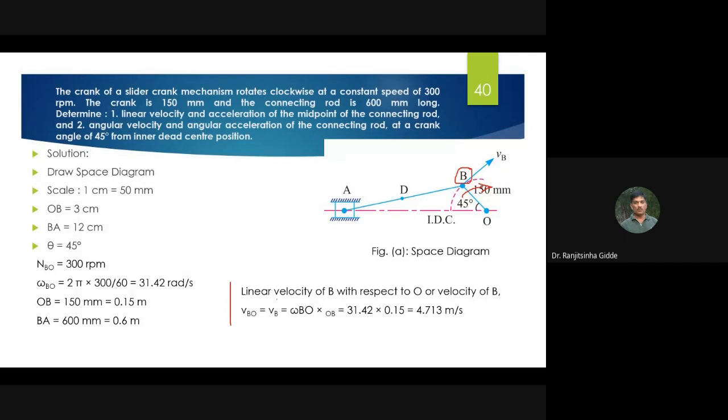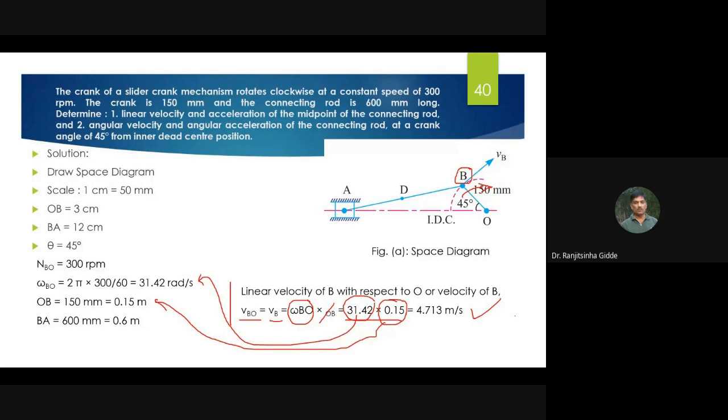That means the linear velocity of B with respect to O, or velocity of B, which is given as VBO is equal to VB is equal to omega BO into OB. So omega BO we have calculated, and OB is in meters. So we got 4.713 meter per second as the linear velocity of B.